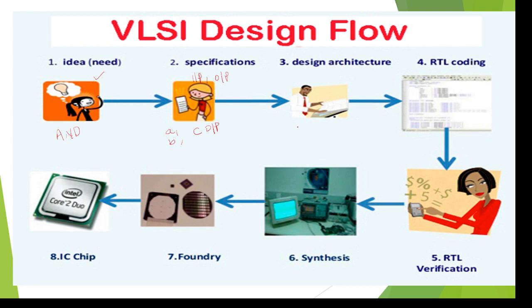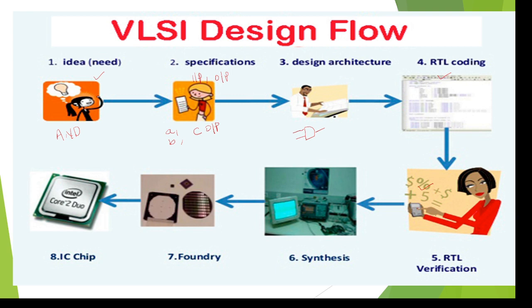And coming to design, we should design an architecture for that. So for our requirement, this is our design architecture. Coming to the fourth step, after design, we need to write a code for that, RTL code, register transfer level code. After writing the code, we go for RTL code verification.